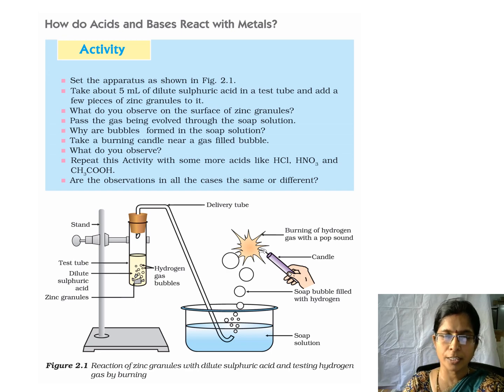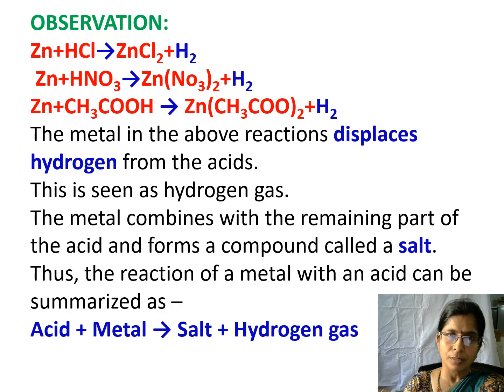Let's see the same reaction of metals with other acids. Whichever acid you take like HCl, HNO3, CH3COOH, anything, it was always observed that when an acid reacts with metal, it always releases hydrogen gas. Let's see the reaction. Zn plus HCl gives rise to ZnCl2 plus H2.